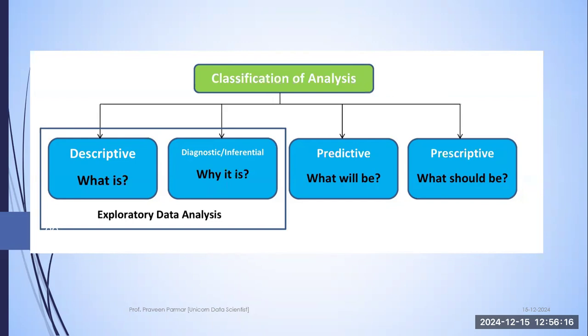Then predictive and prescriptive. So what is descriptive analysis? Whatever we have in a data is called a descriptive analysis. How many males are there? How many females are there? What is the average age of male? Average age of female? Average salary of male and female? These are called descriptive analysis.